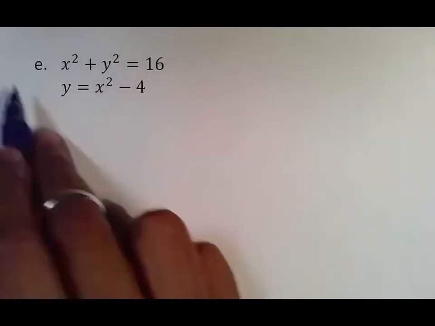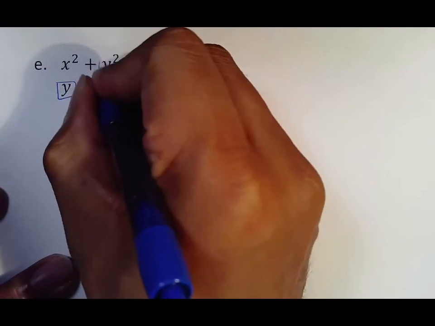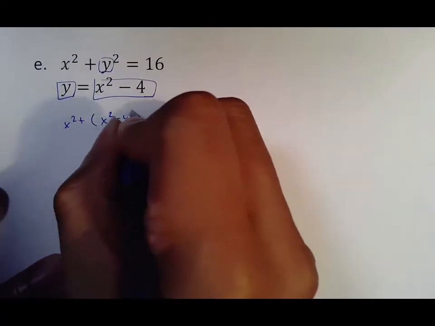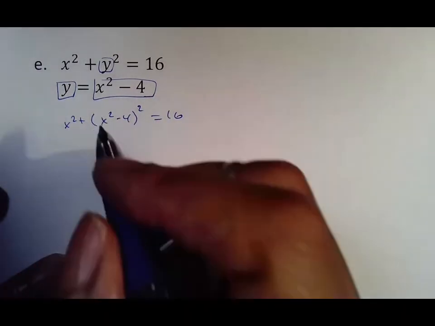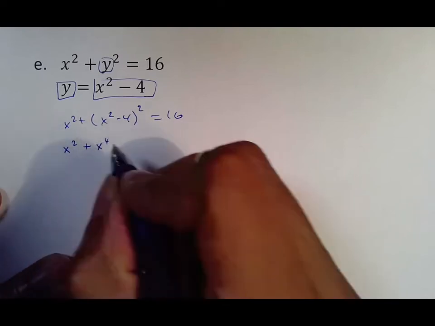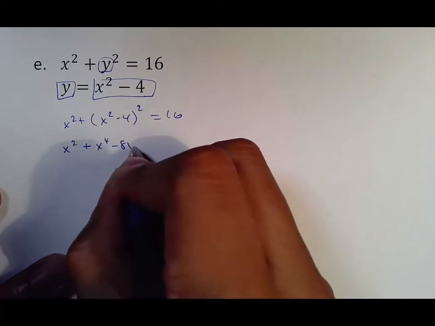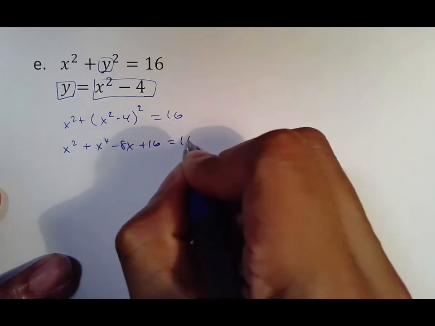Anyway, this here again, visibly, substitution. We're going to put this in here, so we end up with x squared plus parentheses x squared minus 4 squared equals 16. Once again, it does help to remember that when you square something, you simply square the first term, which is x to the 4th, multiply and double, so minus 4x, which is minus 8x, and then square this, which is plus 16, equals 16.